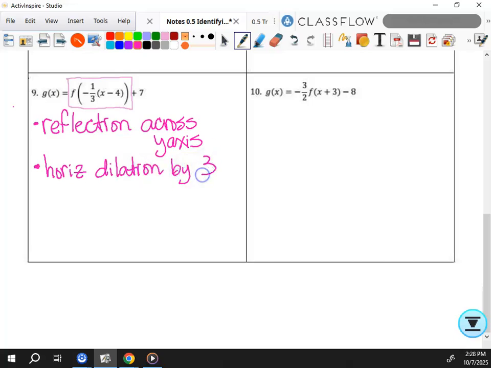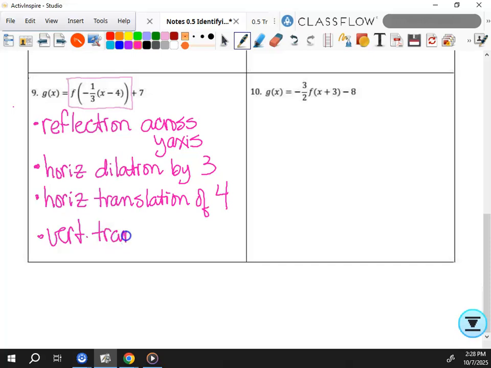We all agree with the 3? Yes, because X is a liar, right? X is a liar. You got to take the reciprocal. And then we have a horizontal translation of 4. Good. And then we have a vertical translation of 7.